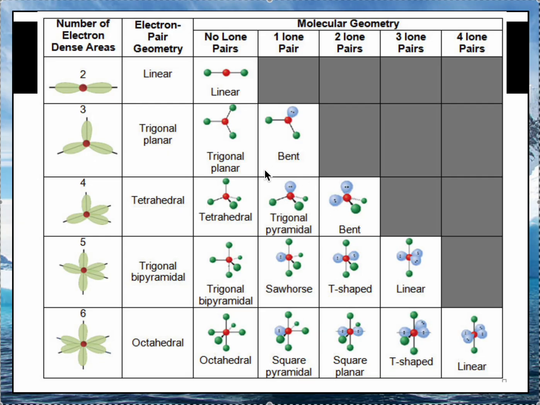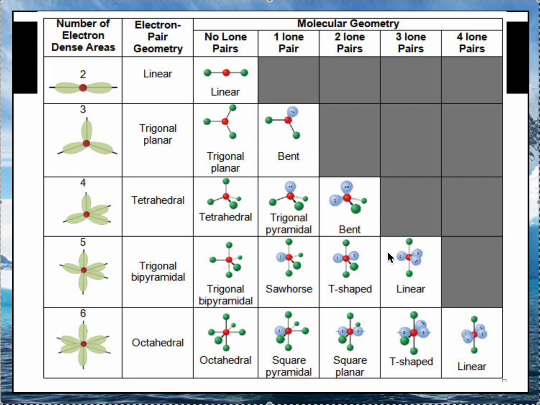Then when you have five bonds attached to the central atom, you get trigonal bipyramidal, which is again this shape. One lone pair, you get seesaw, or seahorse in this lovely diagram. Two lone pairs, you get T-shaped. Three lone pairs, you get linear. Okay?